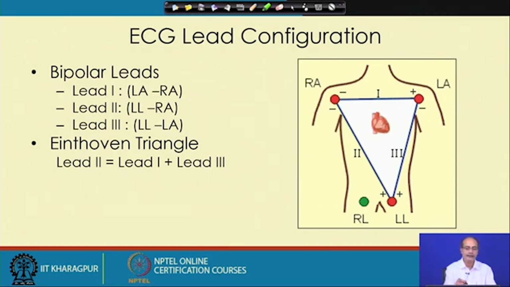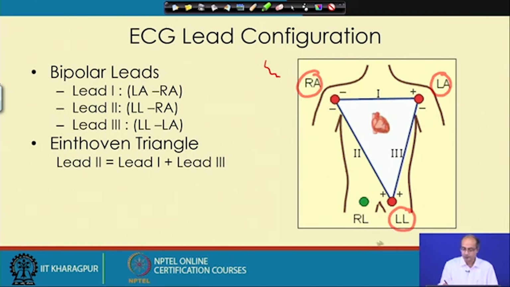To know lead 1, lead 2, lead 3 configurations, first we need to look at how the signal is acquired. It is taken from the left arm, the right arm and the left leg.